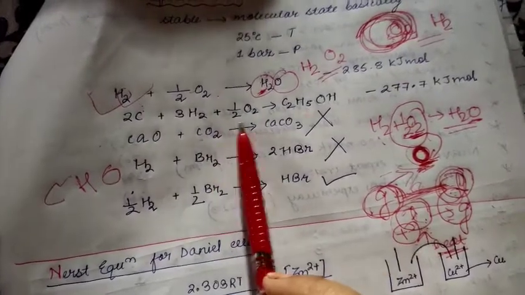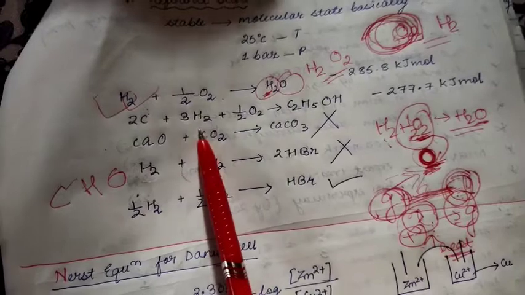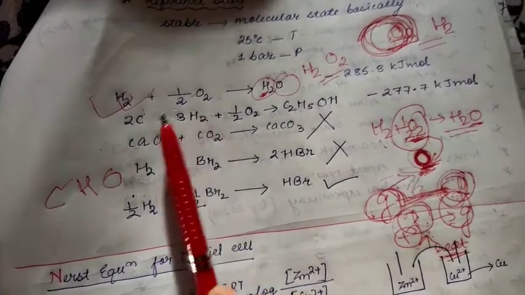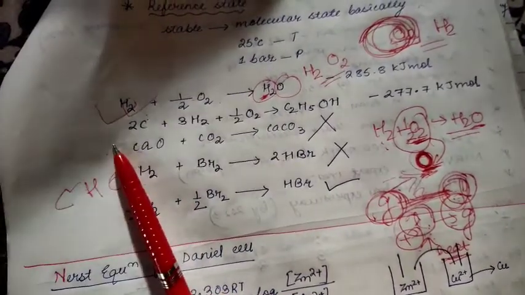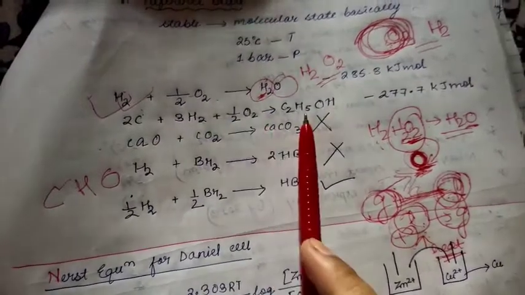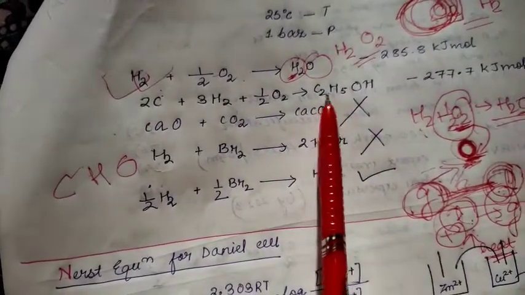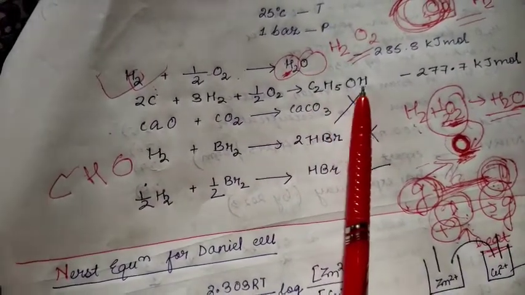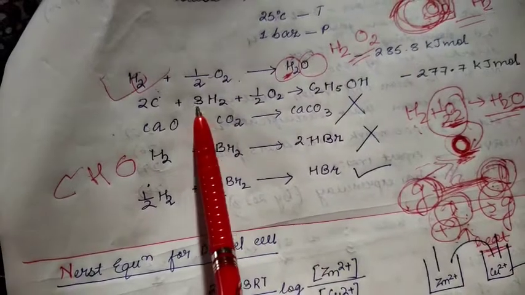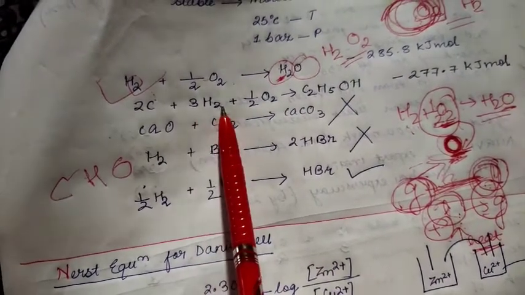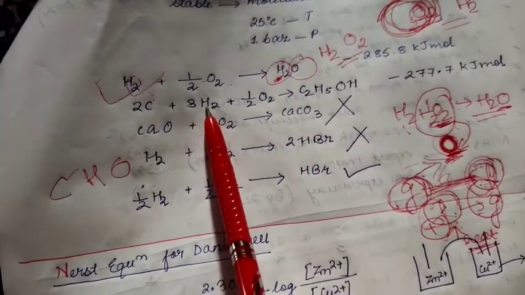Now you have to put the coefficients in such a way that the number of elements present on your left hand side becomes equal to the right hand side. You have to balance the reaction. Clear? So how many hydrogen are there? 5 plus 1, total 6 hydrogen. So you can put a 3 here. So 3 into 2, 6 hydrogen total.